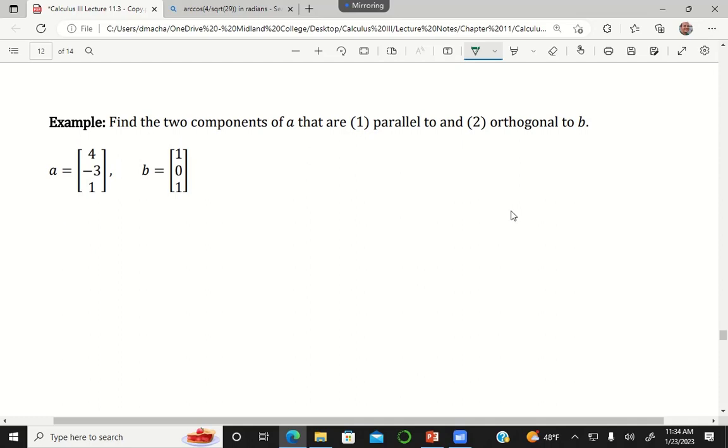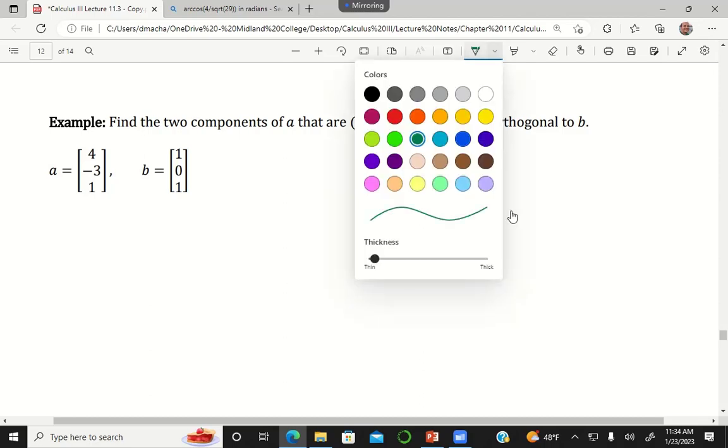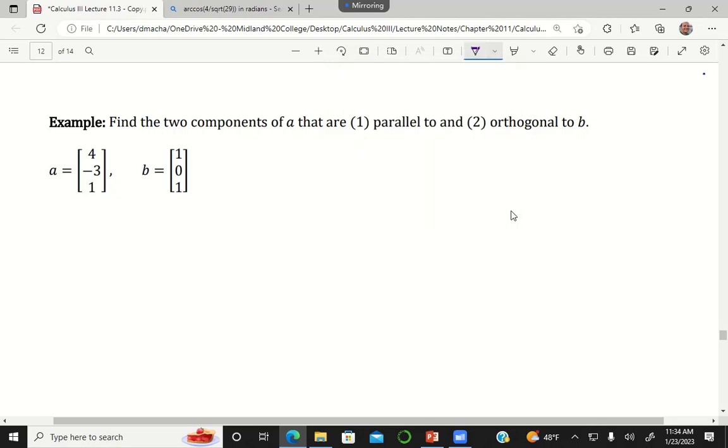Here's an example. We want to find the two components of A that are parallel to and orthogonal to B. So if you're asked for a component that's parallel to another vector B, remember parallel means projection.